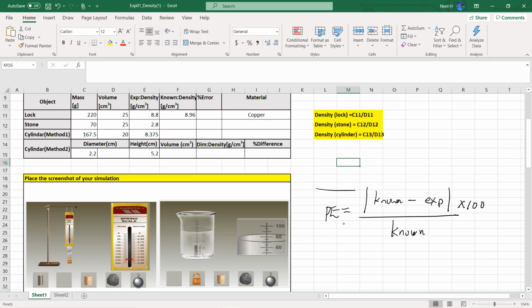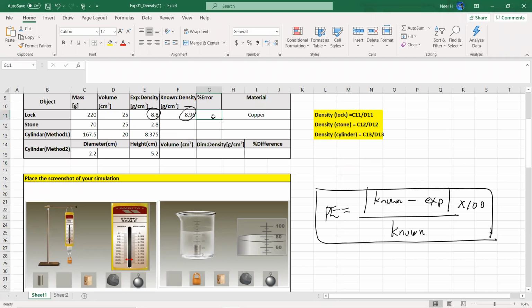That is called the percentage error calculation. We can do that for these two numbers. We expect 8.96 if the lock is pure copper, but the lock may not be pure copper, it may be an alloy, or maybe we did something a little bit wrong in our measurement. That's why we see a little bit of difference.